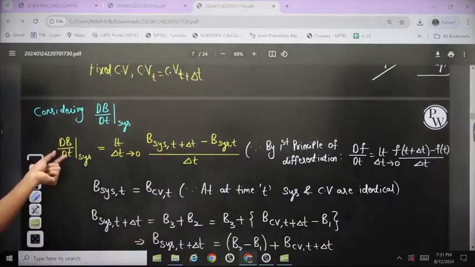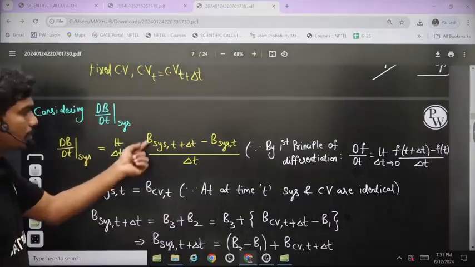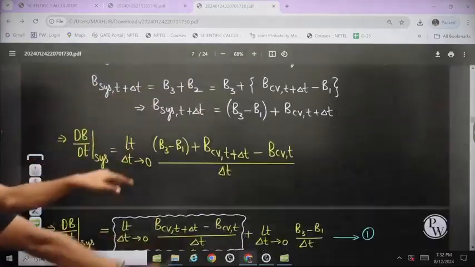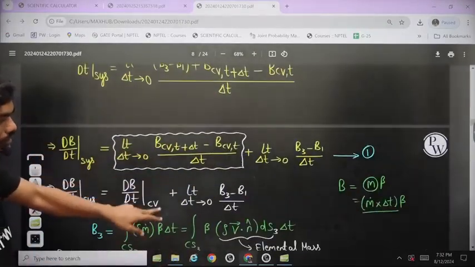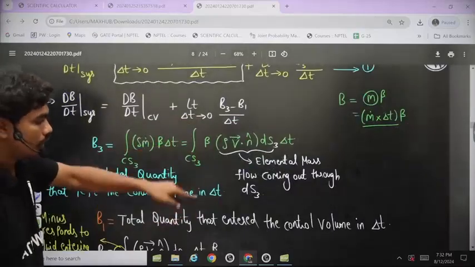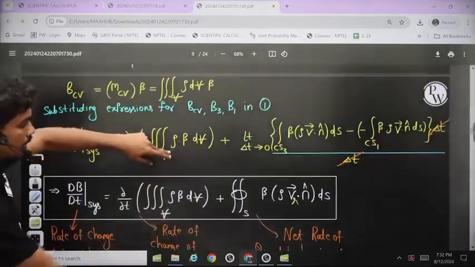So dB by dt of the system is given by this limit because of the first principle. Then, after a bit of mathematical analysis and building up of integrals, you will get this result.